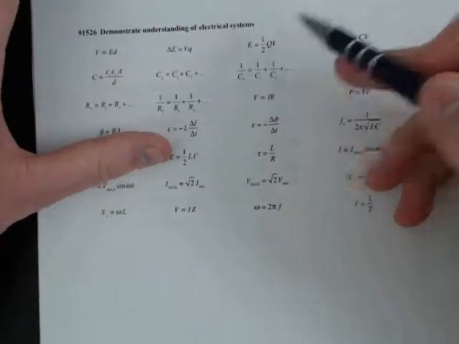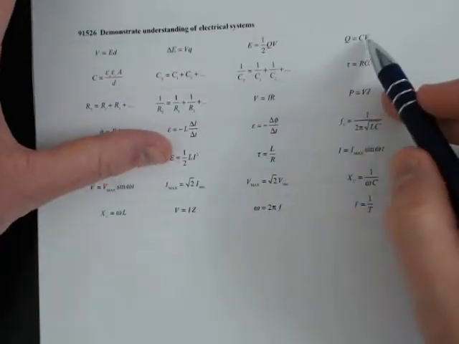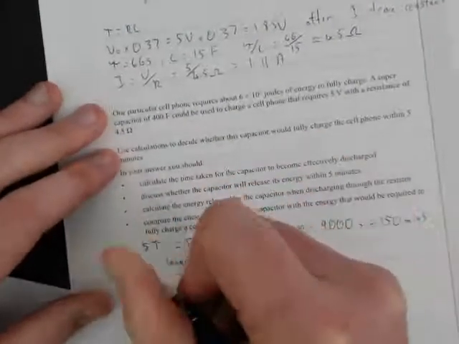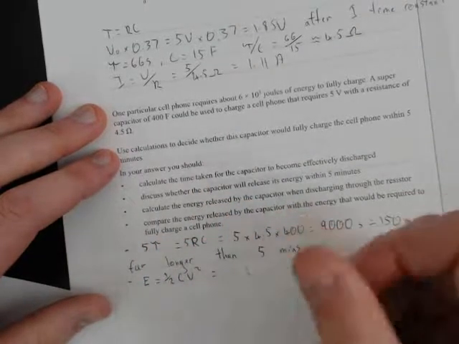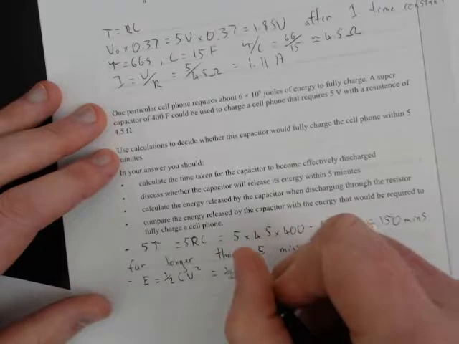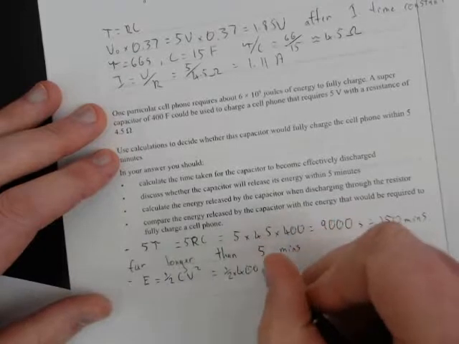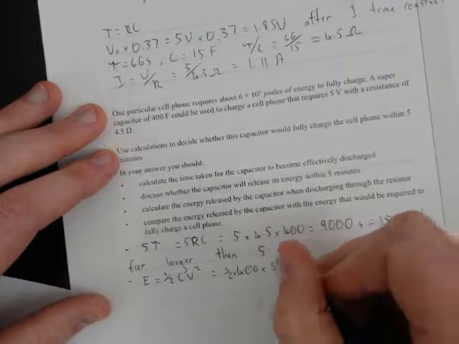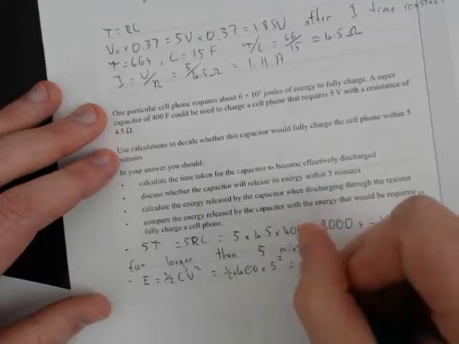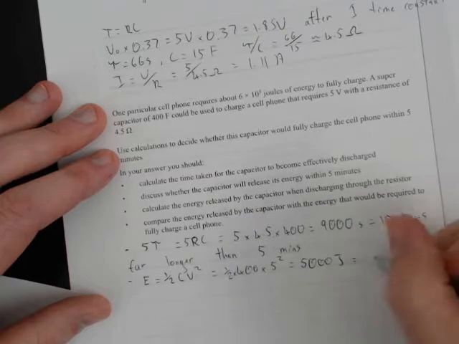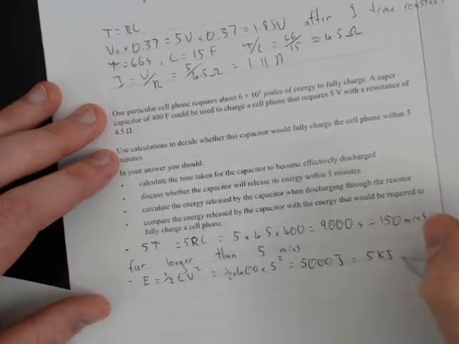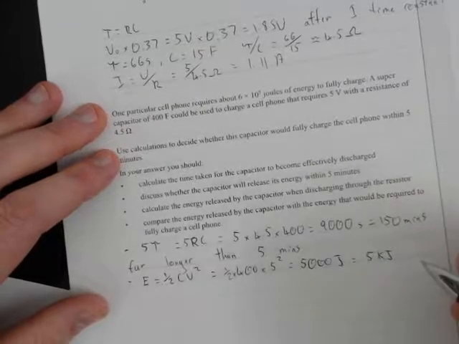If we substitute in Q is equal to CV, we get E is equal to half CV squared, which is equal to half times 400 times 5 squared, which is equal to 5,000 joules, or 5 kilojoules, or 5 times 10 to the 3 joules, either way.